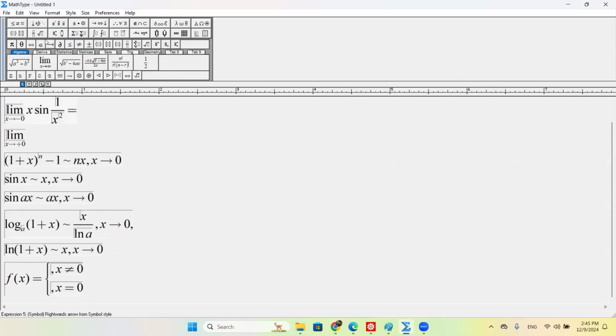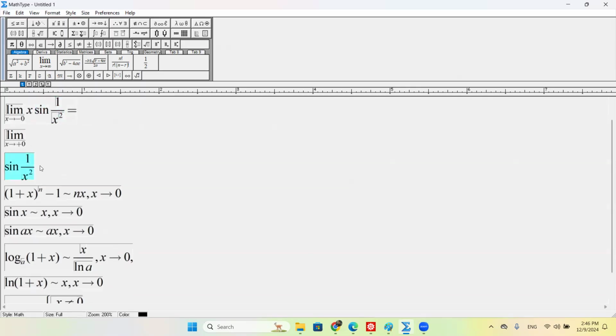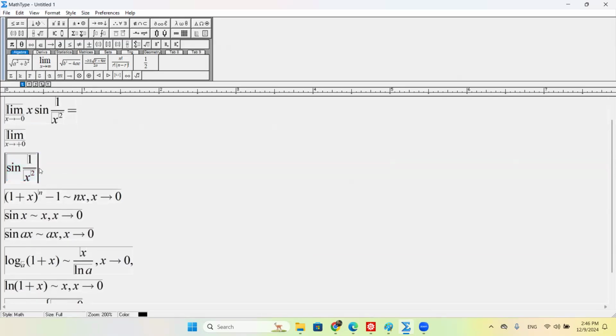So basically, what we know is that this function, sine of 1 over x to the power of 2, the module of this function is less than or equal to 1. So this function is always limited.